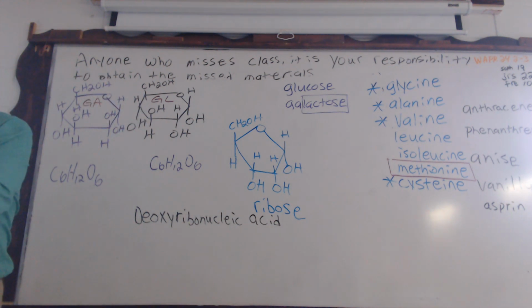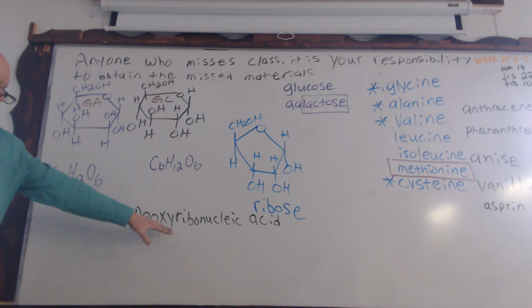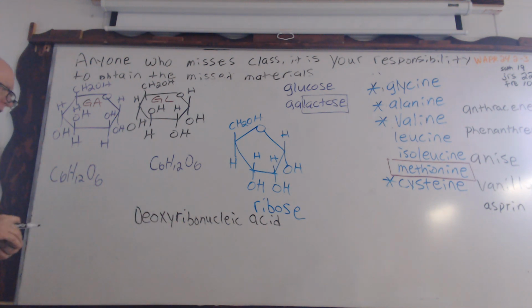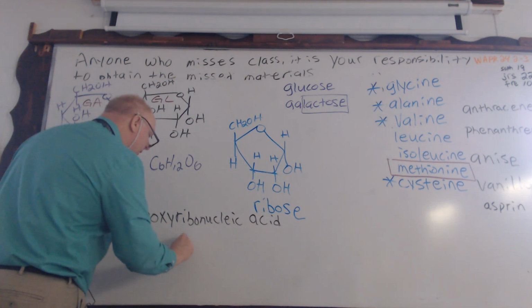But that wasn't one of your selections written like this, was it? You're shaking your head no, which is correct. What was your specific selection? DNA. So where does that come from?